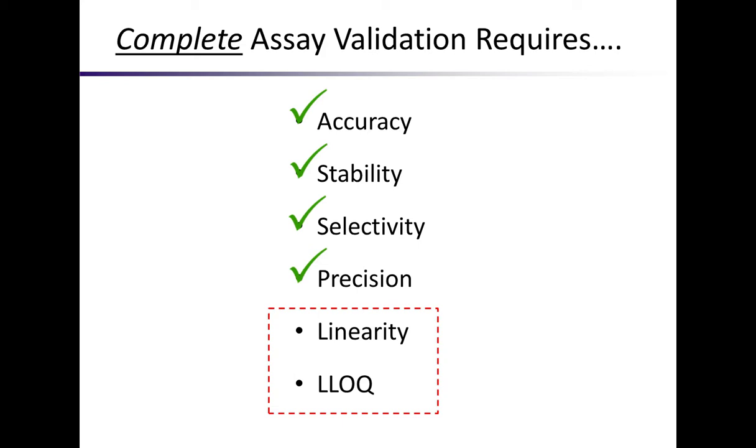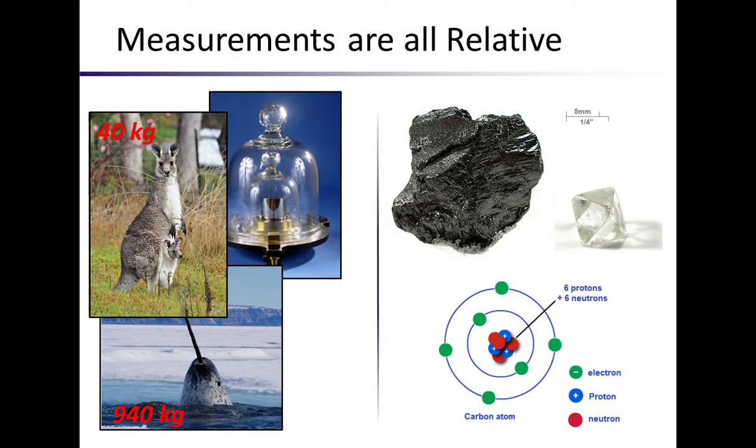All right, now that we've talked about accuracy, stability, selectivity, and precision, let's talk about the last little bit of assay validation. The last thing you need to do to have a quantitative assay is assessing linearity and lower limit of quantification. And as we get into this, I just want to remind everyone that the measurements are all relative.